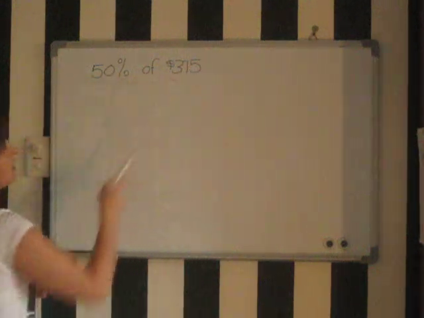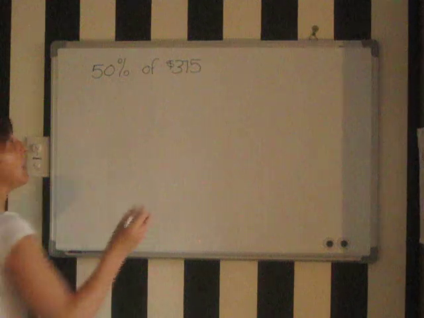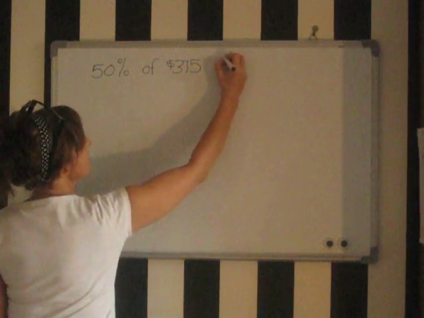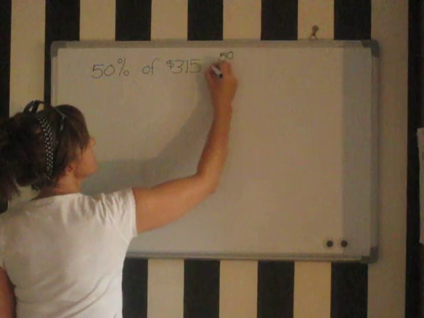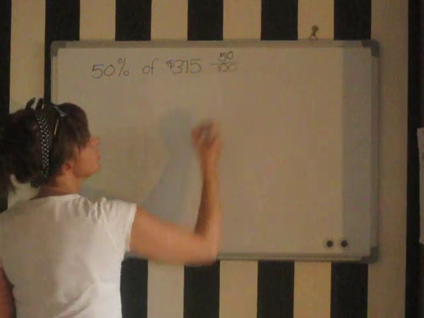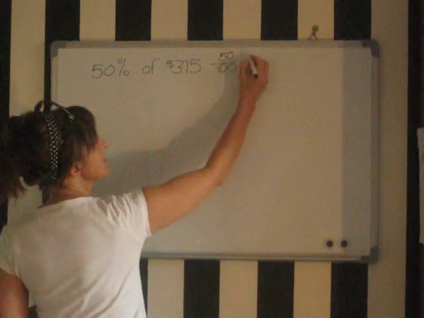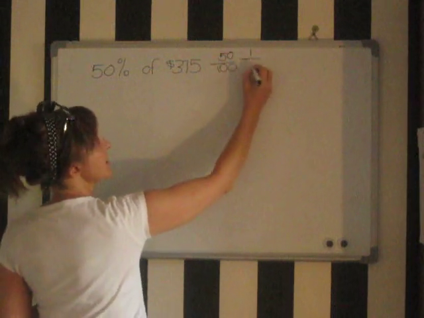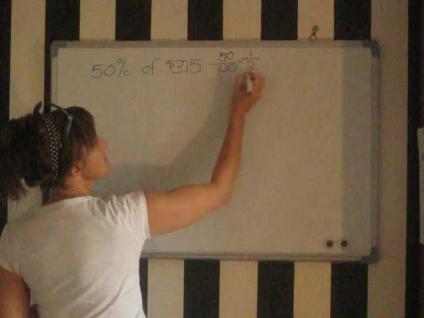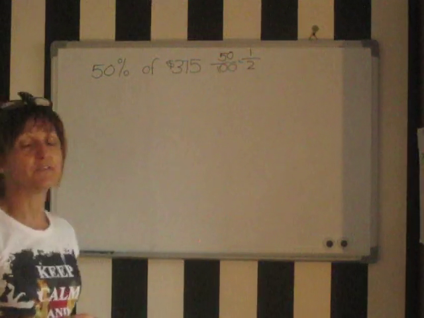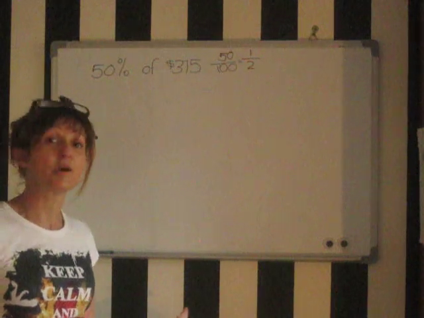So basically it's 50 of 100. As a fraction that would be 50 over 100. If we turn that into an equivalent fraction, 50 into 50 is 1, 50 into 100 is 2. So it equals a half. So basically we're looking for a half of 375. So 50% off means it's half price.